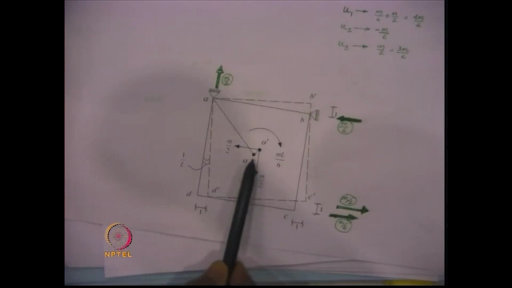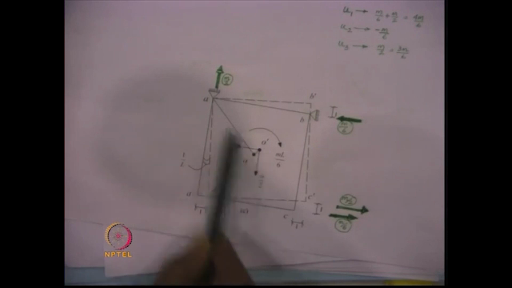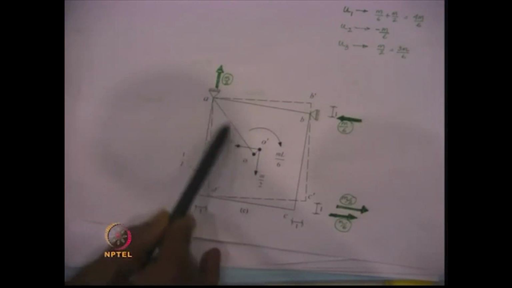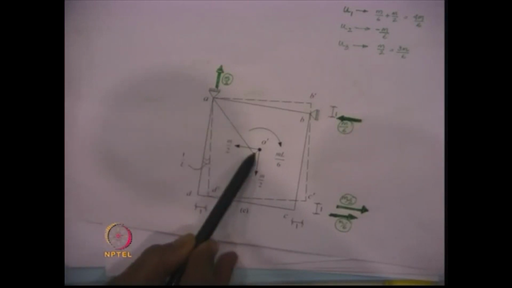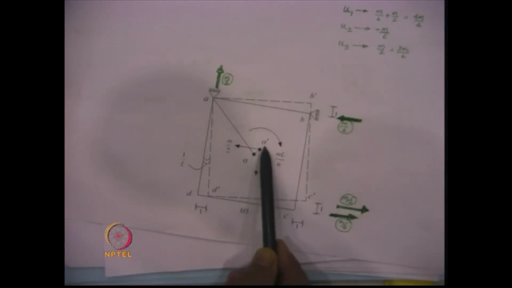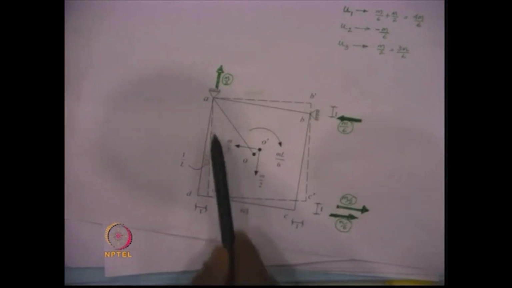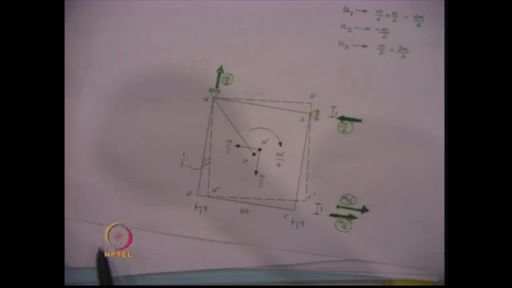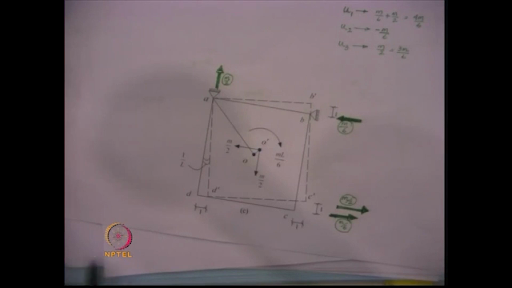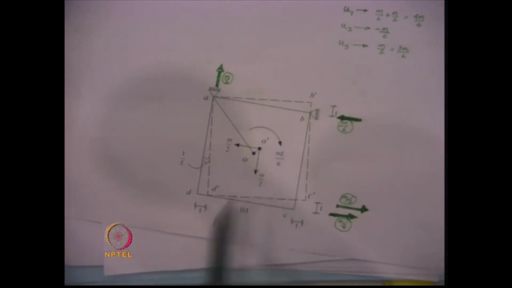Now, in the process, the original center of this square now moves to this point. This movement is again perpendicular to this line. If it moves, it has to move perpendicular to this line, so that there is no change in the length. So, the center moves to O dashed. Since there is a movement in this direction, a mass moment of inertia is developed over here, which is equal to ml by 6.